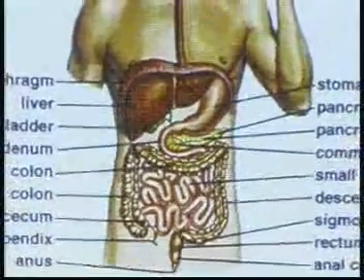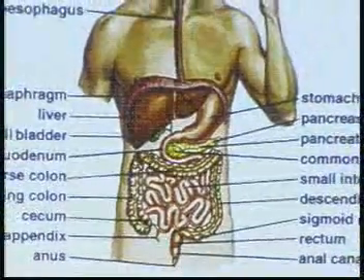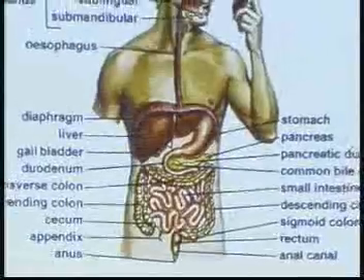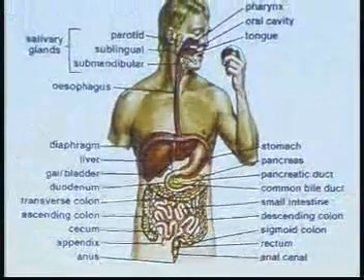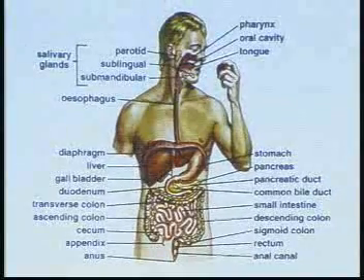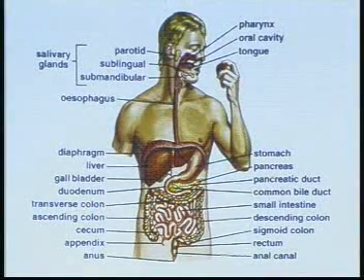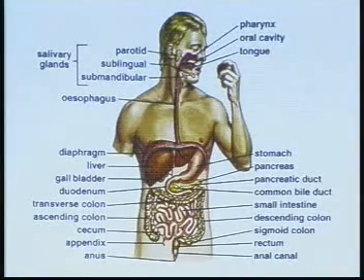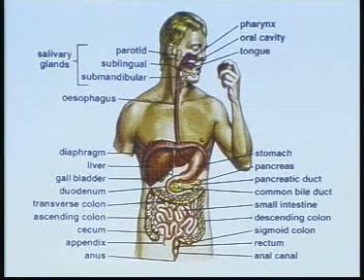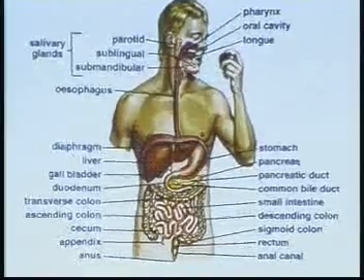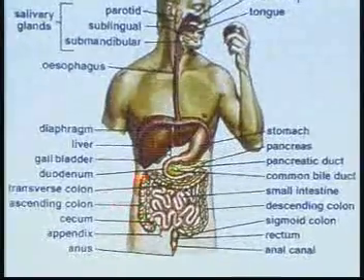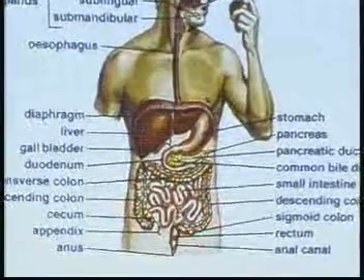And further, after this digestion has been completed in the small intestine, there is a very important function to be performed. On the walls of the small intestine are present finger-like projections called villi, which absorb the end products of digestion.